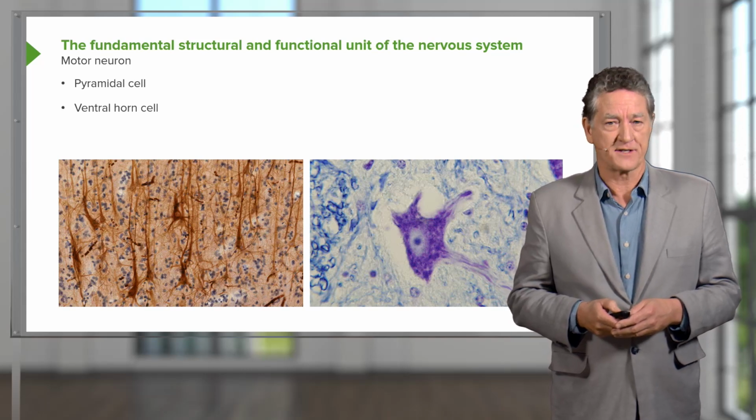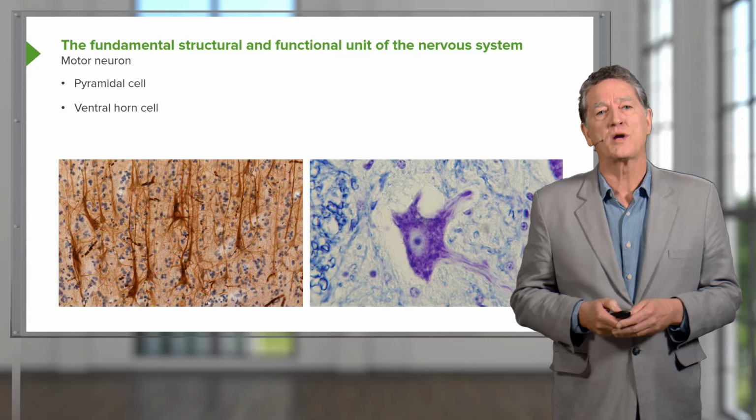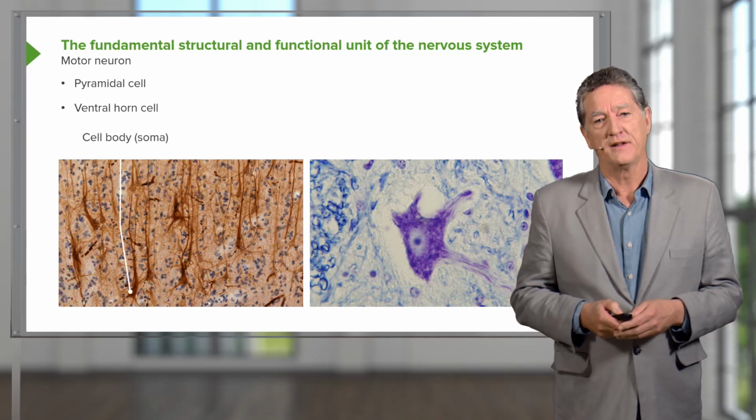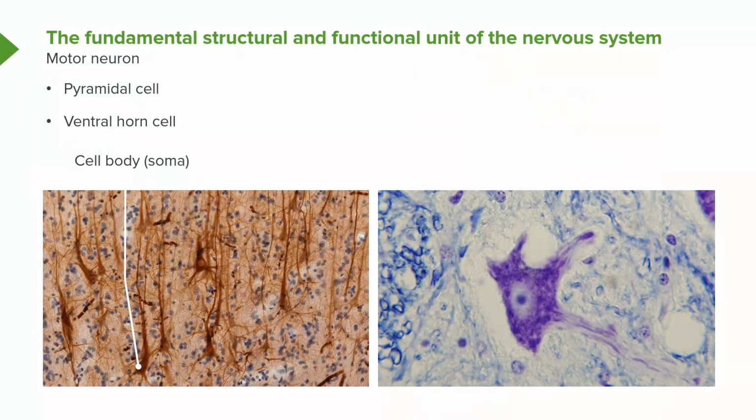On the left-hand side, the brown stained neurons you see are called pyramidal cells. They consist of a cell body. We call the cell body a soma when we refer to the cell body of a neuron.